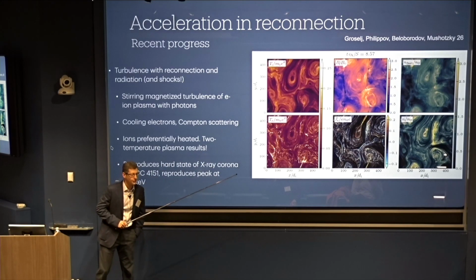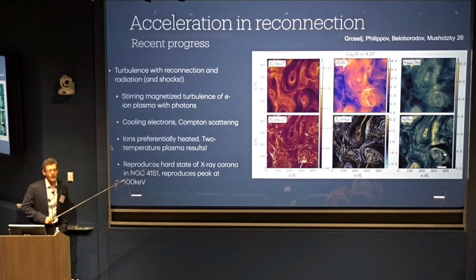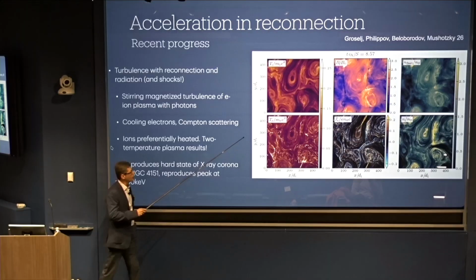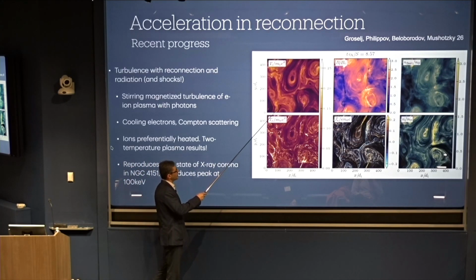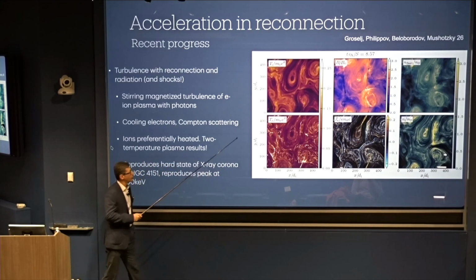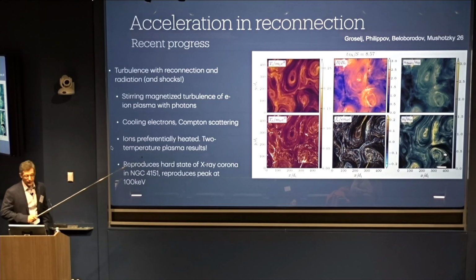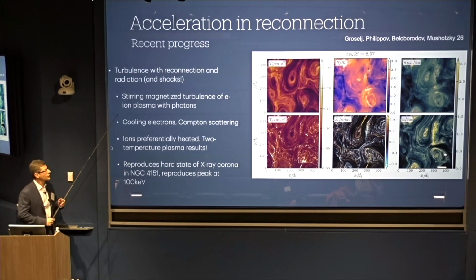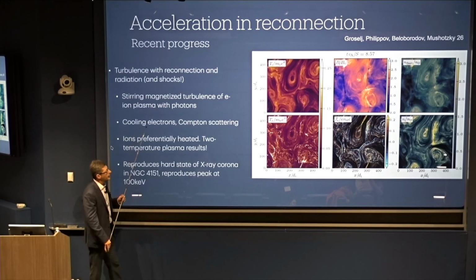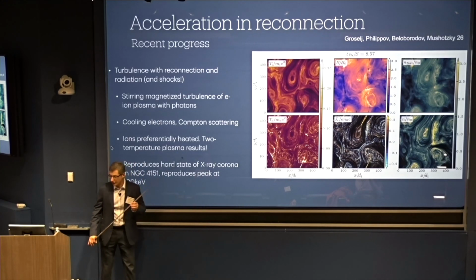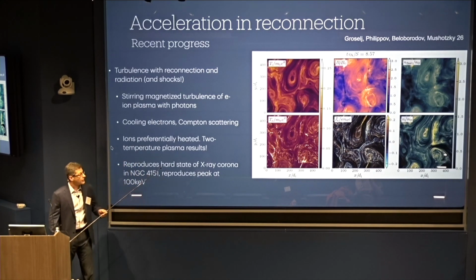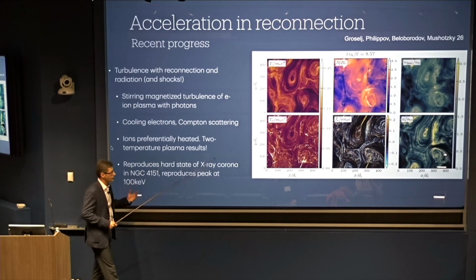They found shocks. In this box, they tried to stir a box with an electron and proton plasma, representing the conditions you would expect to see in the corona of the accretion disk. So electrons were strongly cooled, but the protons were just getting energy without cooling.